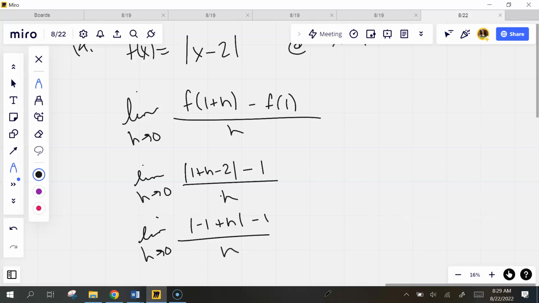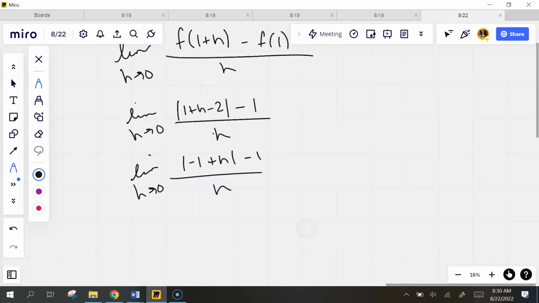So I guess I need to set up the positive and the negative version of this and see what happens. Do y'all understand what I'm saying? So negative 1 plus h, the absolute value, could be negative 1 plus h or 1 minus h. Right? Because it forces it positive.